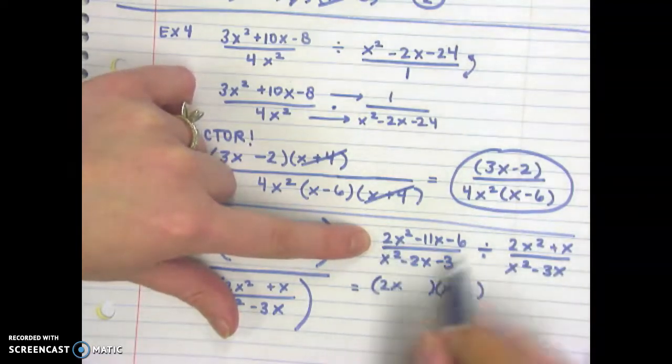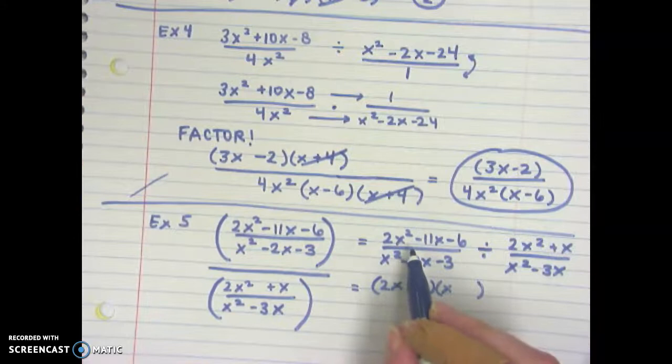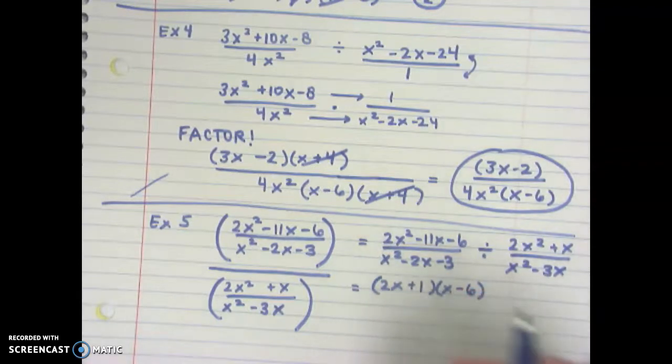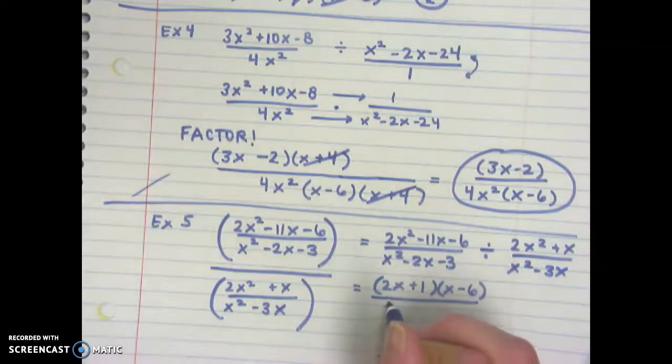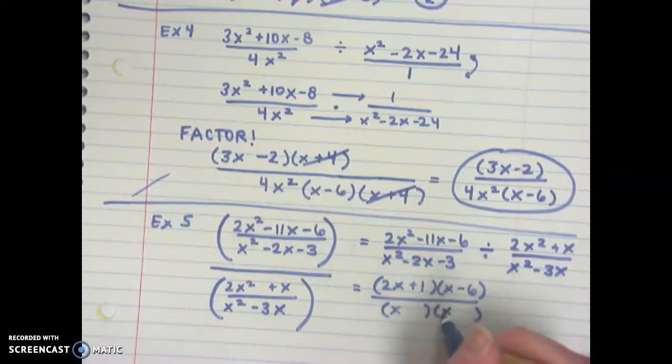So two numbers that multiply to negative 6 and add up to negative 11 when one of them is multiplied by 2. That would be minus 6 plus 1. Factoring the denominator. Two numbers that multiply to negative 3 and add up to negative 2.